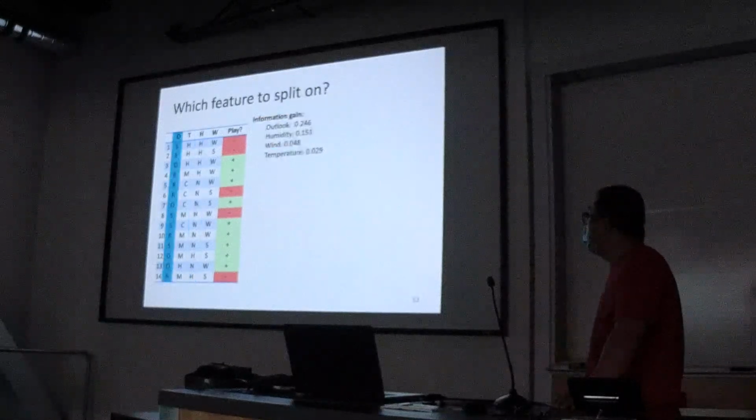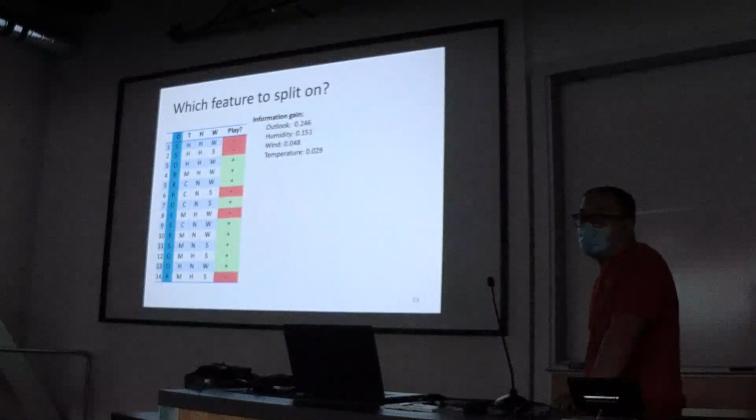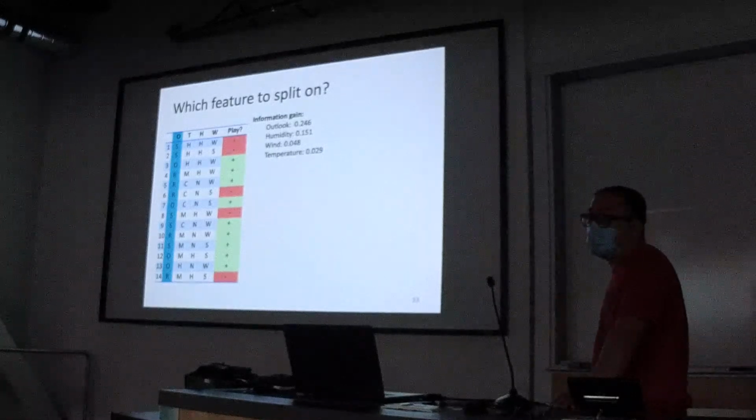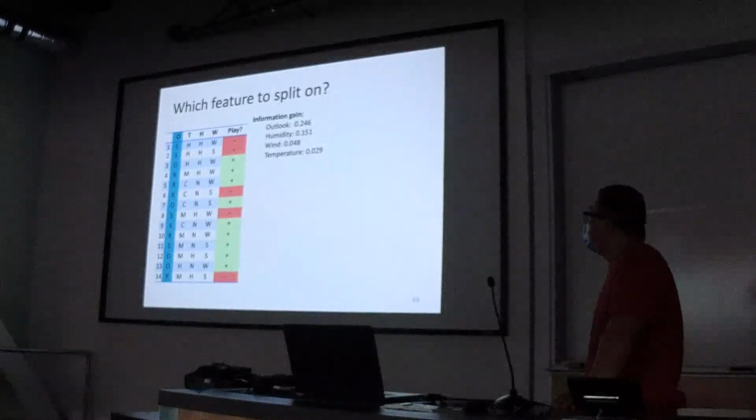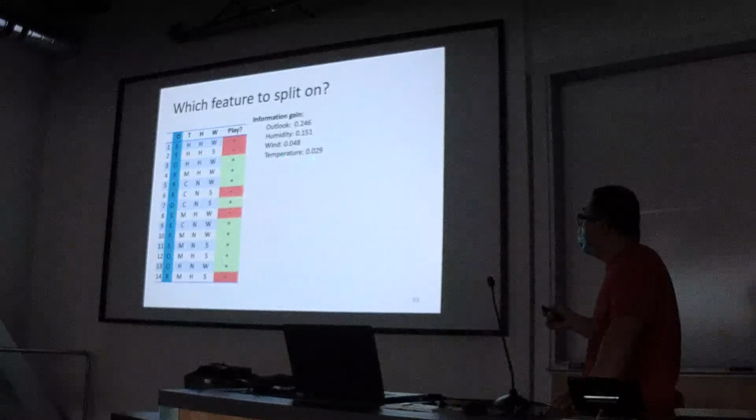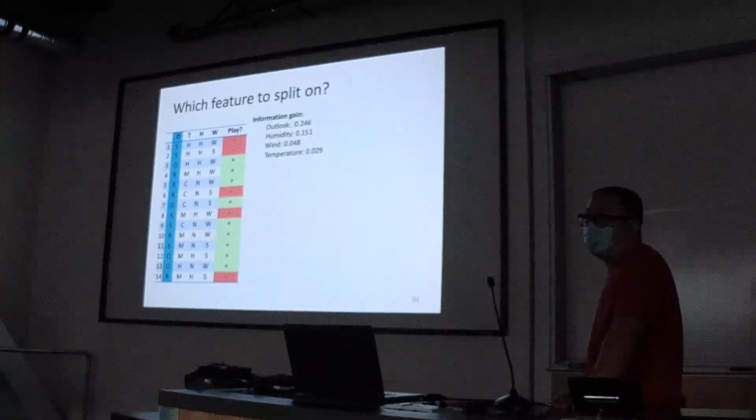The remaining gains are quite mechanical, so I won't repeat them here. We just follow this procedure. You can compute that the information gain of using the wind feature to split the data set is 0.048, and the information gain of temperature is 0.029.